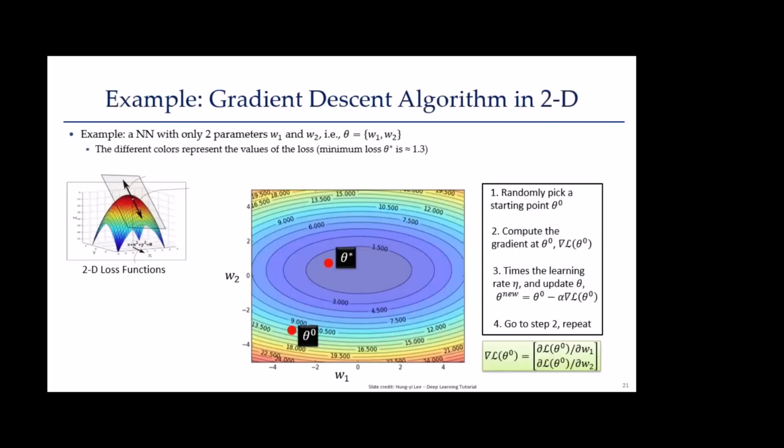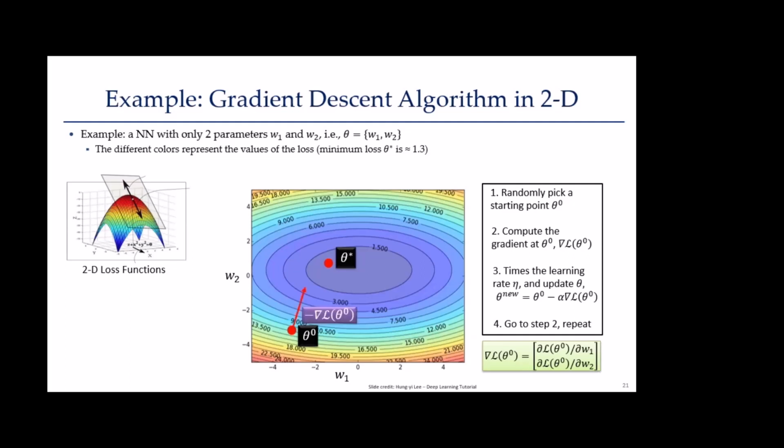This is another example, for 2D. In 2D, the situation could be more difficult because we could have many uphills or downhills, and the algorithm could get stuck more easily. But for this example, let's see how it's going to work. We start at theta 0.